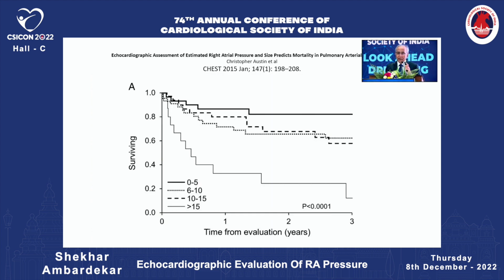Apart from that, right atrial pressure also helps us know the prognosis of pulmonary hypertension, because in this particular paper, it is very clearly mentioned that for different RA pressures, 0 to 5, 6 to 10, 10 to 15 and above 15, the outcome of pulmonary hypertension patients is decided. If you see, survival drops if the RA pressure is higher in pulmonary hypertension.